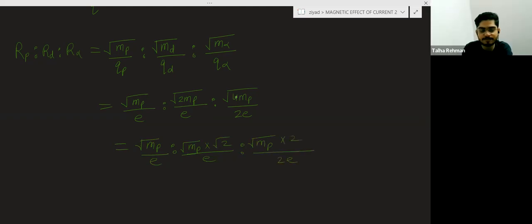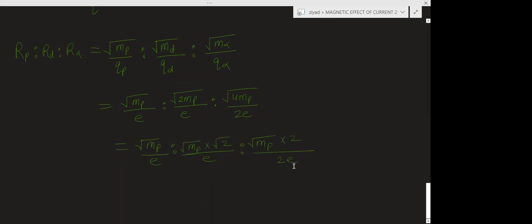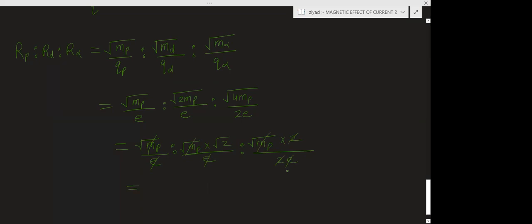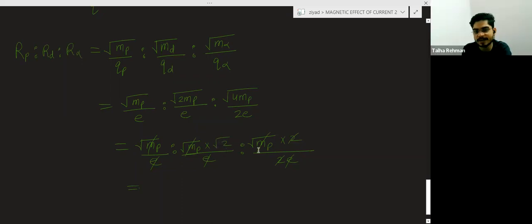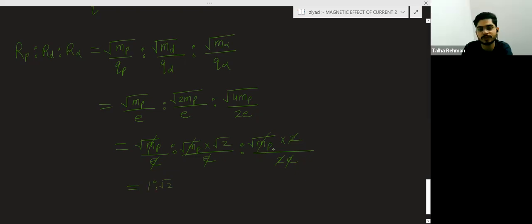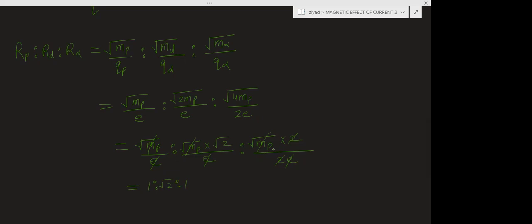So now this mp will be cancelled out from all of the 3, and this e and e will be cancelled out, and here this 2 will be cancelled out. So finally you will have the answer. Here root 1, here will be 1 only. Here will be root 2 and here is again 1. 1 ratio root 2 ratio 1. So this is your final answer. Sir, can we simplify the root also?